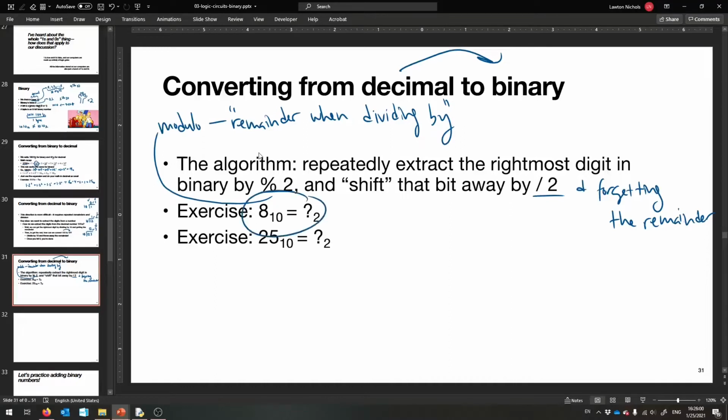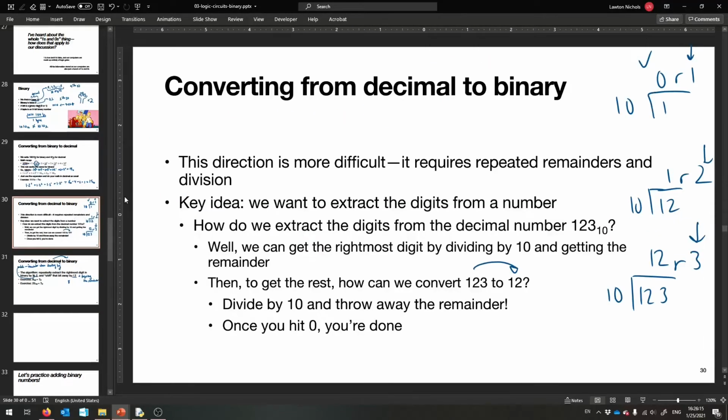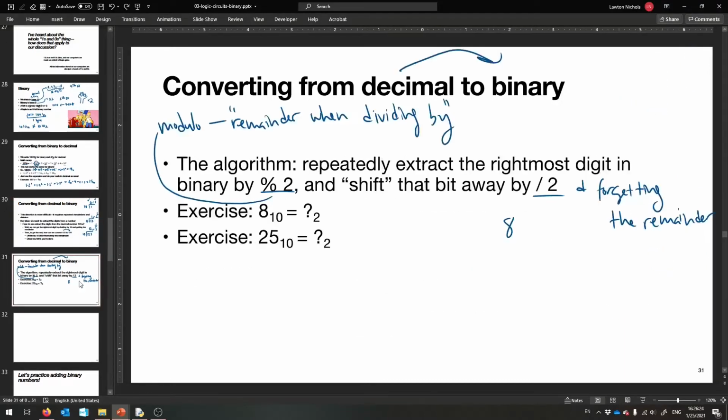Let me convert 8 base 10 to something in binary. We don't know what yet, but we're going to figure it out. We start with 8, and we keep taking remainders, or dividing by the base and getting the remainder, and then shifting away by dividing by 2.